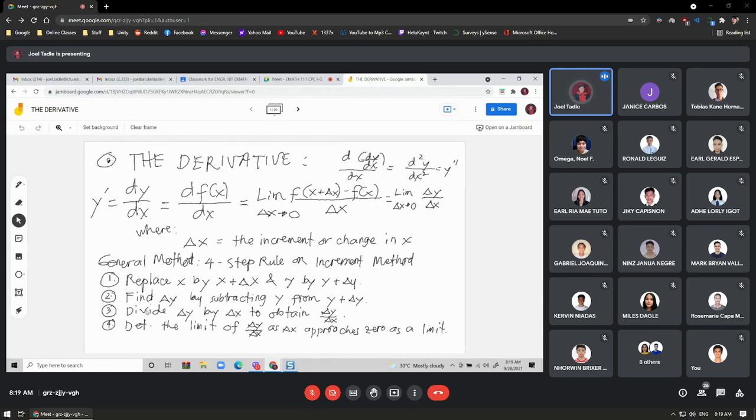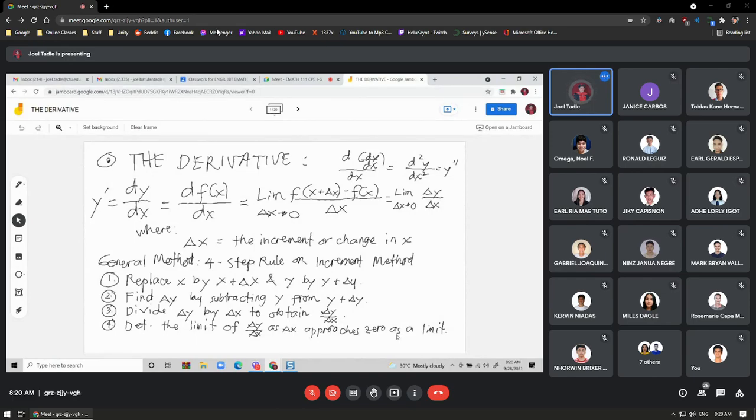Then the second step is to find delta y by subtracting y from y plus delta y. Then step number 3, divide delta y by delta x to obtain delta y over delta x. Then number 4, determine the limit of delta y over delta x as delta x approaches 0.